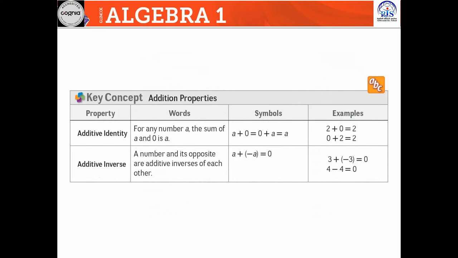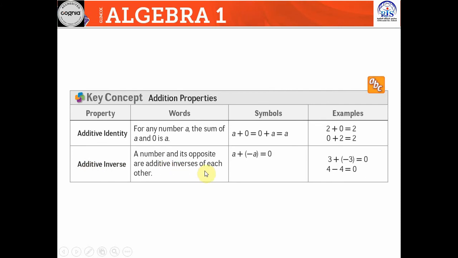When you add 0 to any value, variable, or number, it will stay the same. 3 plus 0 equals 3, 4 plus 0 equals 4, 10 plus 0 equals 10. The meaning of additive identity: a number that doesn't affect the result of the sum. And of course we have 0 only.